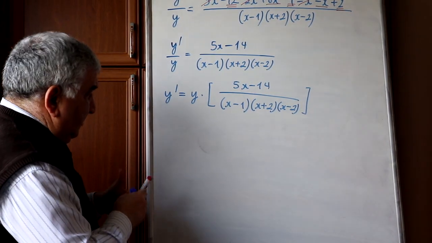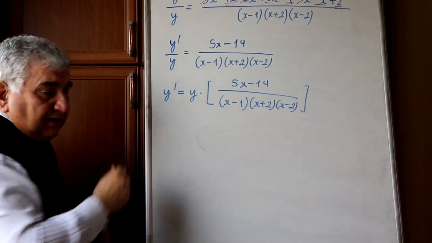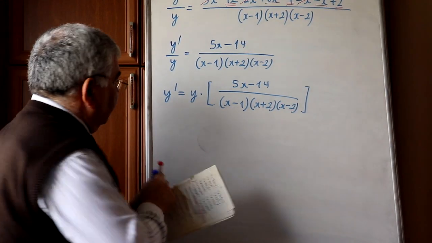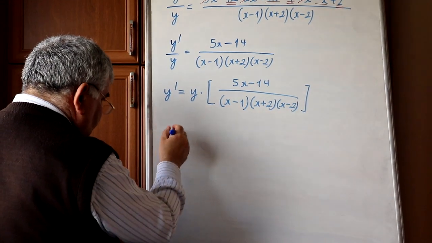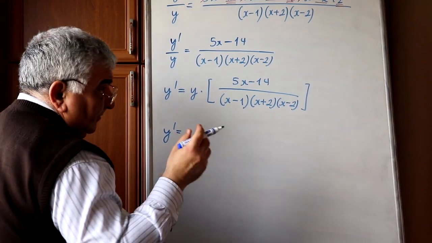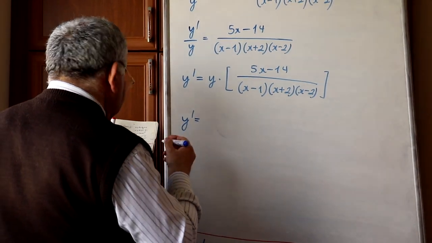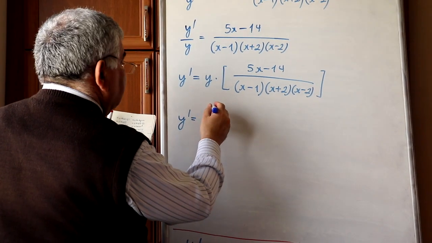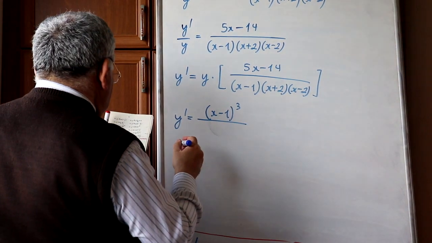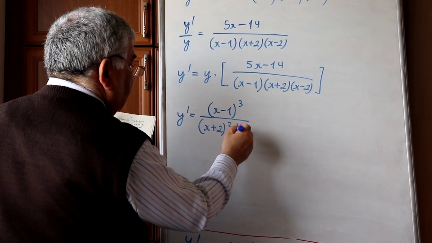Then substitute the corresponding expression instead of y. Our expression is y prime equals, and I will write the transformed expression of the condition. Transformed expression: x minus 1 cubed over x plus 2 squared multiplied by x minus 2.